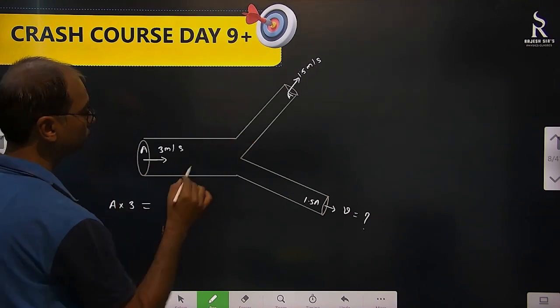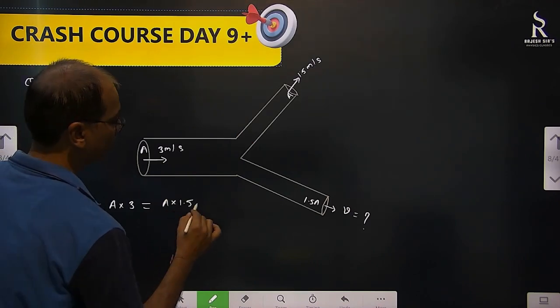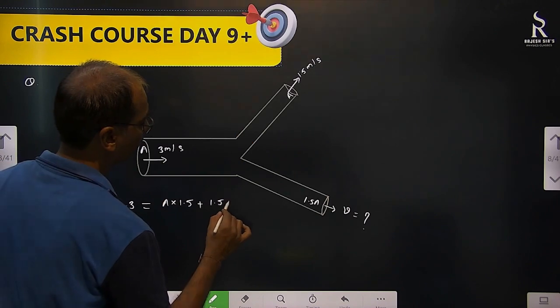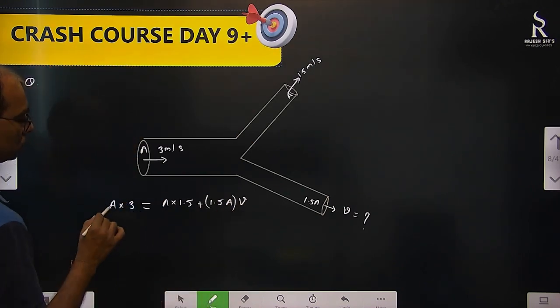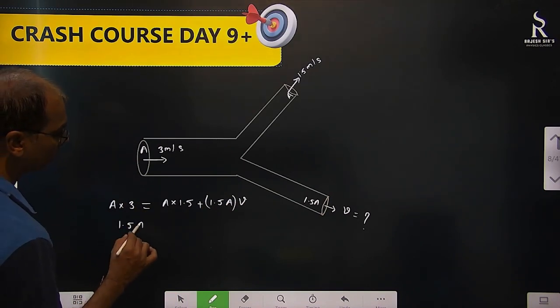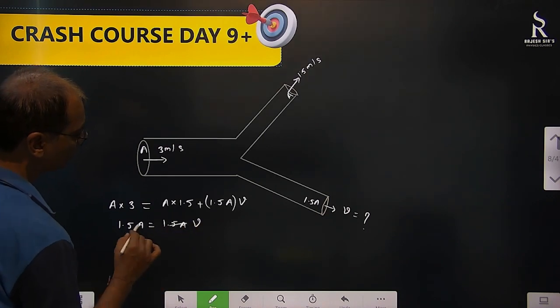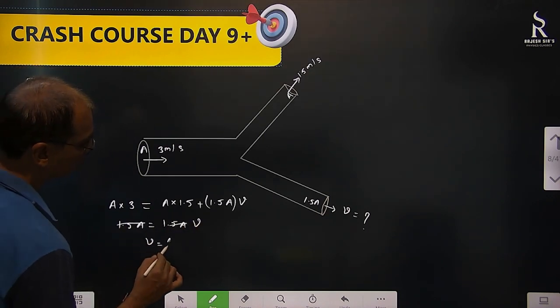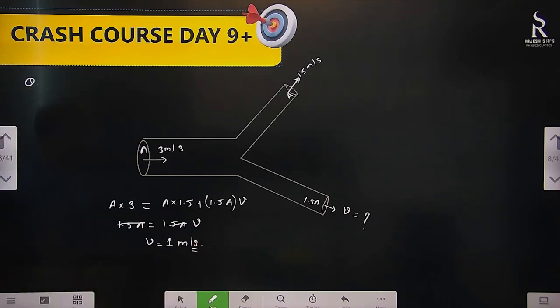Then here A into 1.5 plus 1.5A into V. V we have to find. So 3A minus 1.5A, that is 1.5A, equals 1.5A into V. This gets cancelled. So V equals 1, V will be 1 meter per second. Simple. Okay, simple question. All right, next.